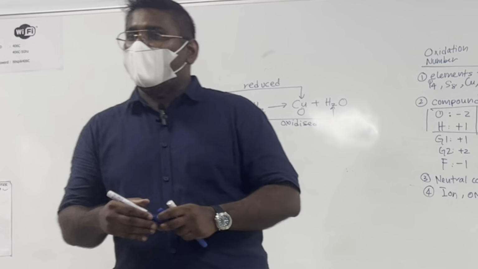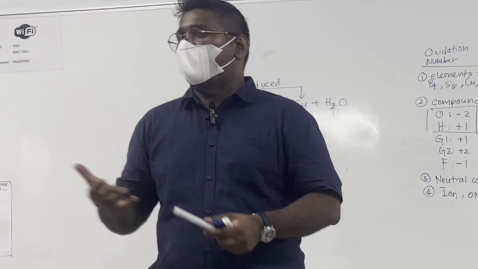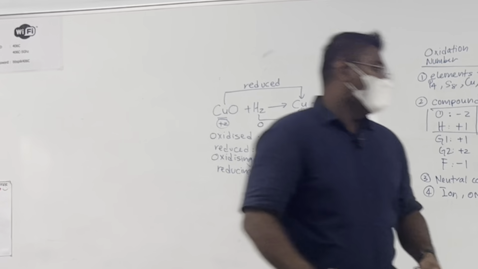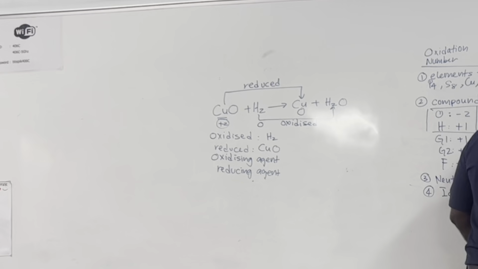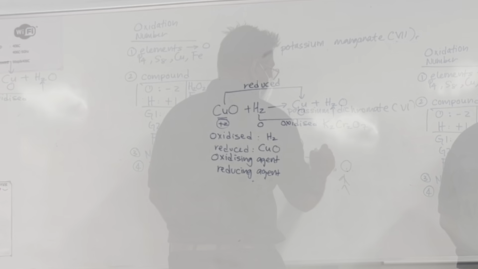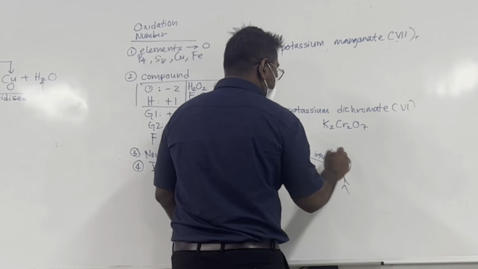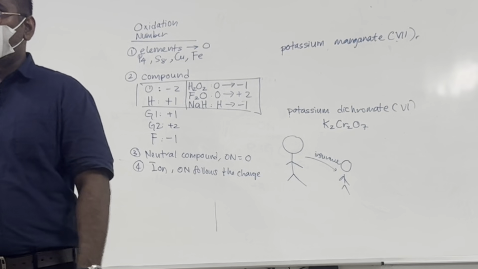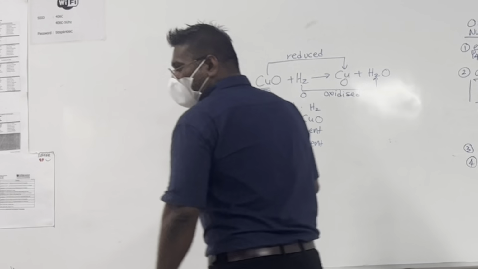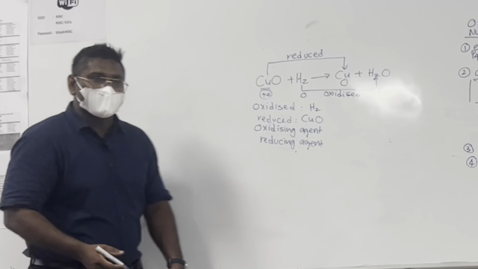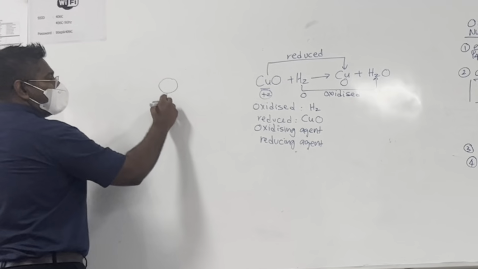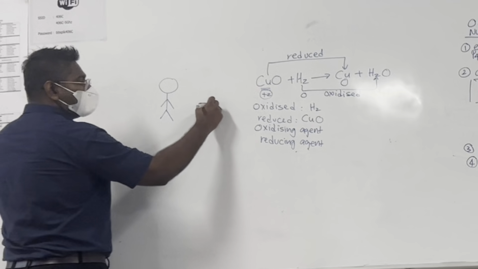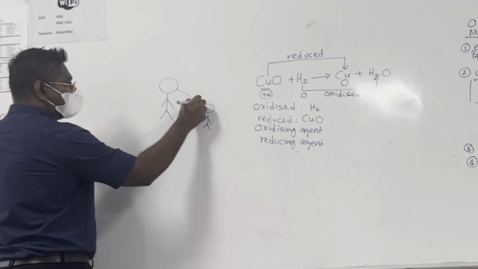Insurance agents are the agents that sell insurance to other people, and in exchange he gets the money. Similar concept, oxidizing agent, maybe it's not selling insurance, but oxidizing agent is going to sell oxygen.